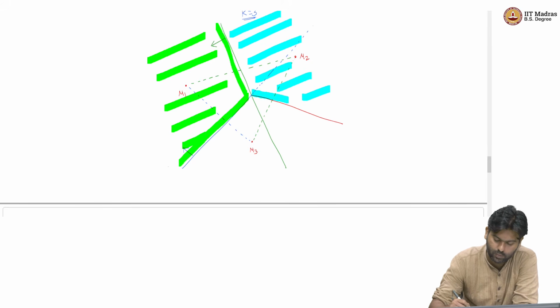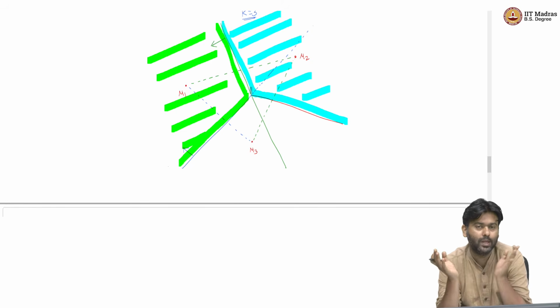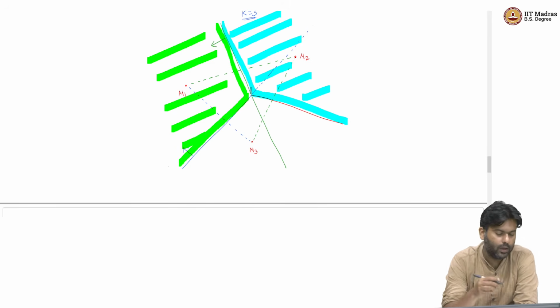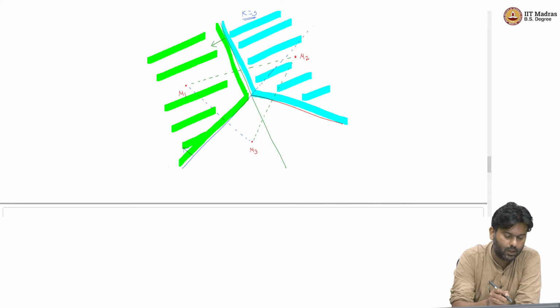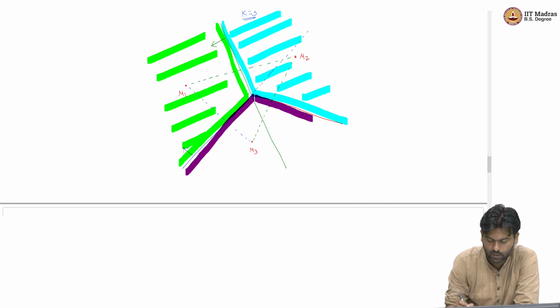So this would be my boundary. It's closer to mu2 than both mu1 and mu3, so it should be in the blue region. Naturally, whatever remains is for the mu3 region, which is in this region.